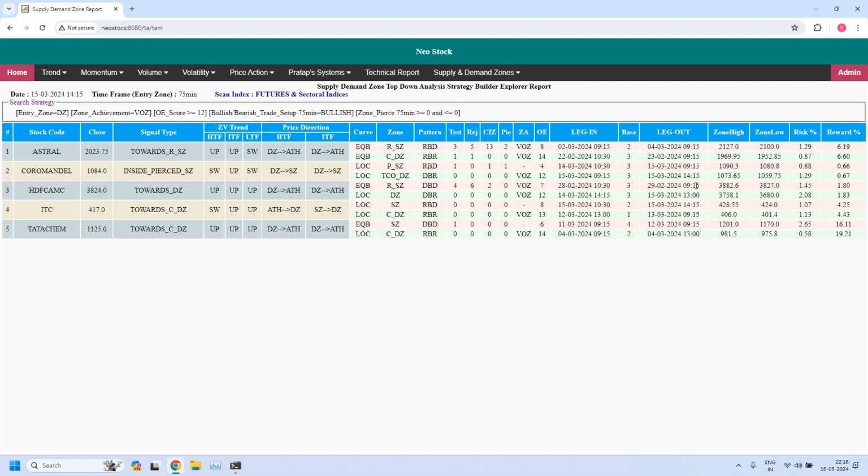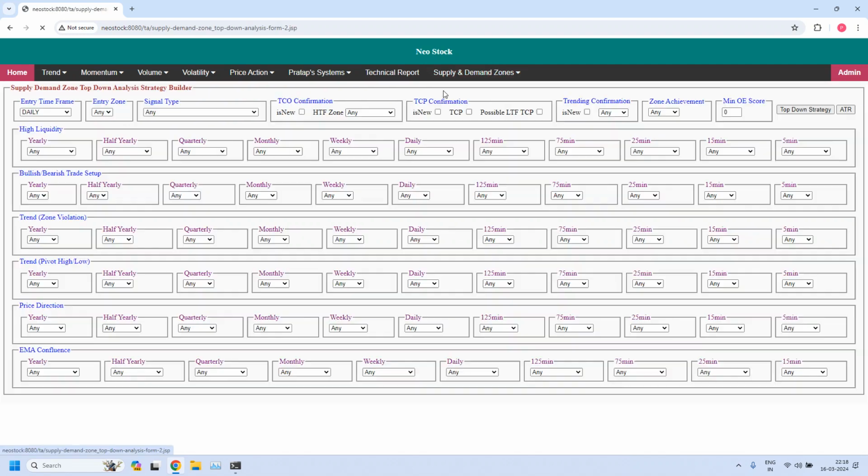Even though you have a good odd enhancer score, the zone can still be violated, because the odd enhancer score is not defined based on fine-tuning the zone. That you have to do, because it is a top-down analysis from your daily time frame to the 5-minute time frame, and you need to find fine-tuned 5-minute zones. Okay, this is about the bullish trade setup for the weekly income trade, and let us generate the final report.